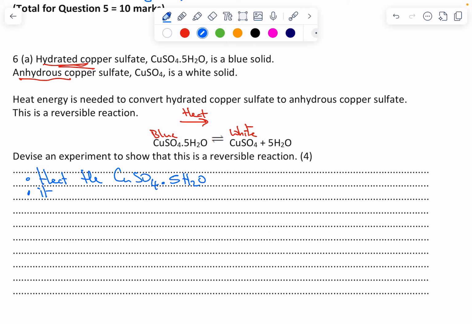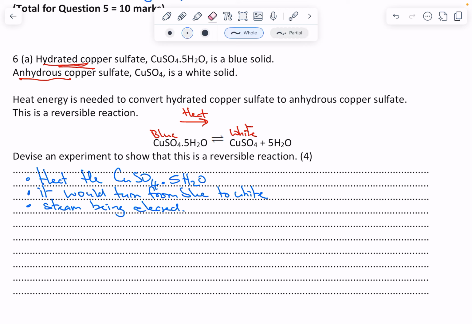And what I would see is it would turn from blue to white. So it'd go from blue to white as that happened, and you'd probably see steam being released as it does that, because this here is going to be released and that will come off as steam.